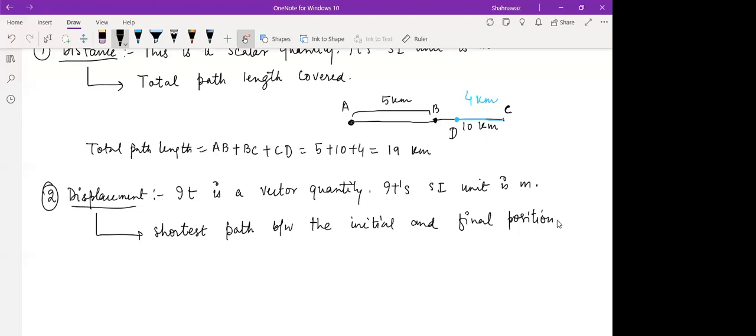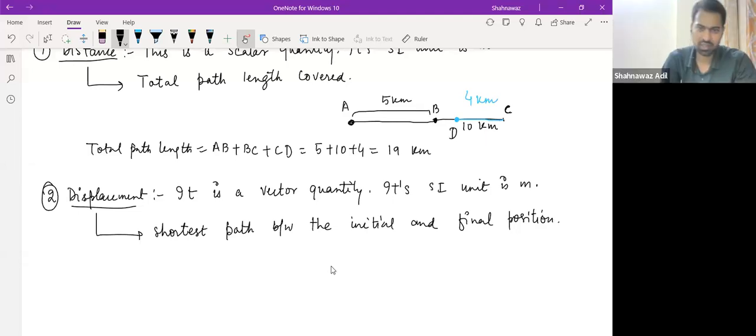Yes, sir. So let's say that I have the same diagram. Let's say that I move from A to B, so this is 5 kilometers. And then I move from B to C, so this is 10 kilometers.